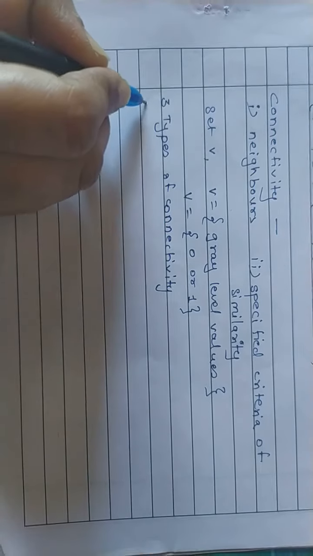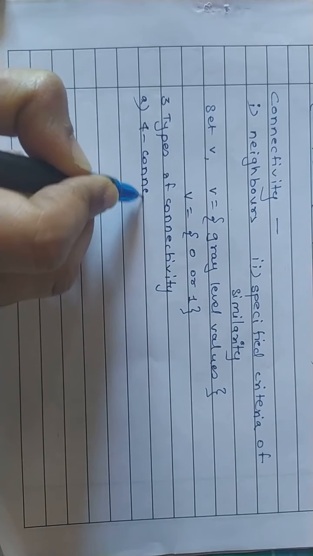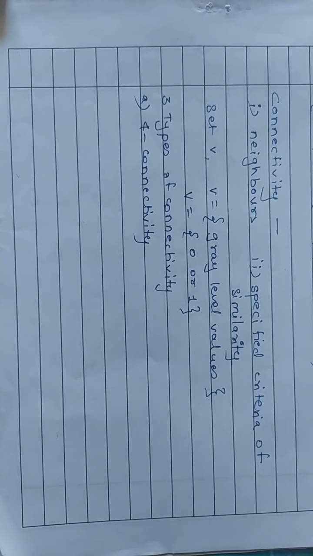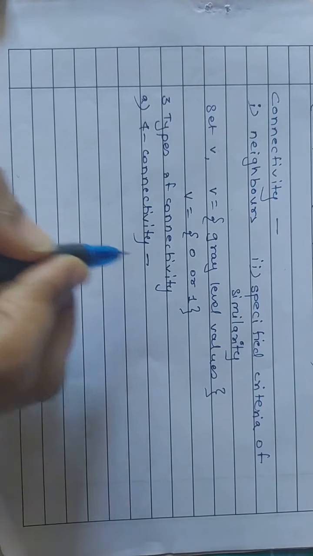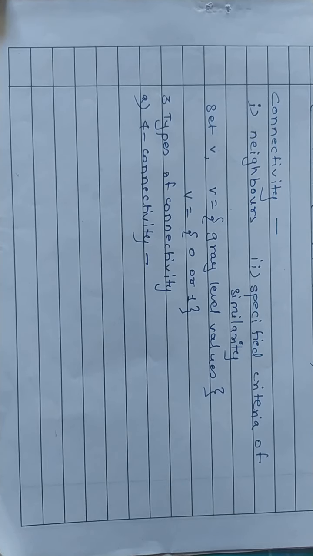So the first connectivity is called 4 connectivity. So what is this 4 connectivity? Two pixels, pixel P and Q, with values from set V are connected if Q is in set N4(P).